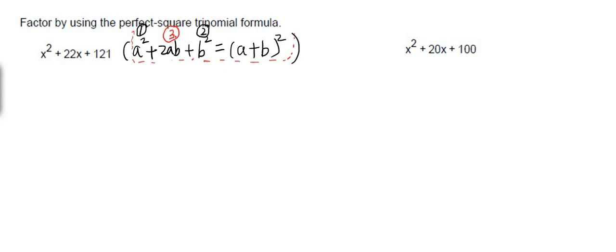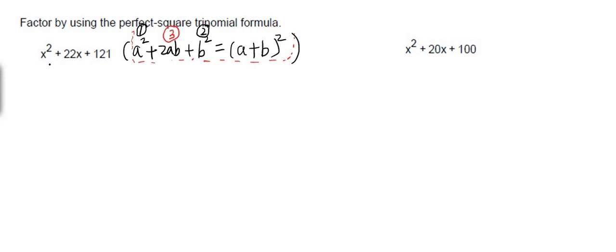Okay, that's the third term. So the key part for this formula is to figure out whether the middle term can be written down as 2ab. Now let's take a look at this specific example.